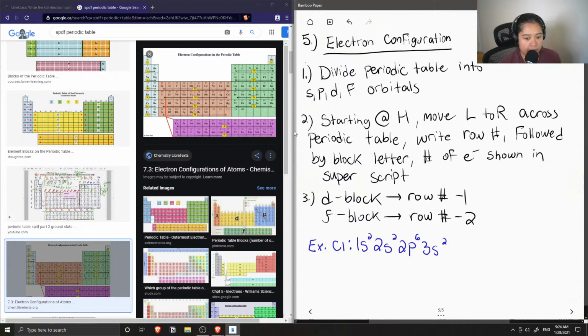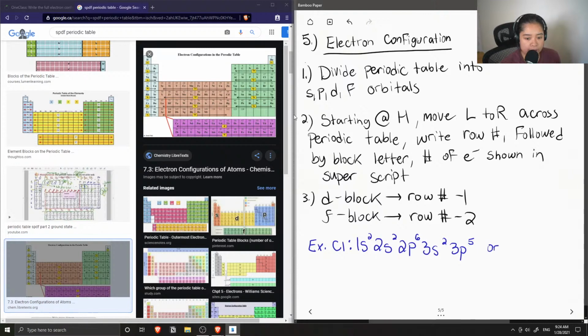And then we get to the 3p orbital. And then just count out how many electrons until we get to the chlorine. So 1, 2, 3, 4, 5. So we write 3p5. So this is the electron configuration for a ground state chlorine atom.